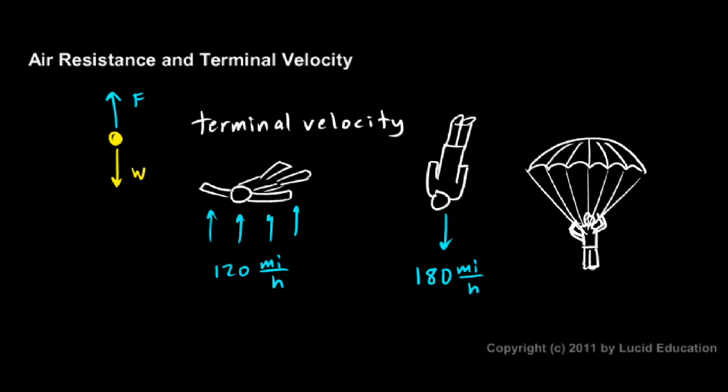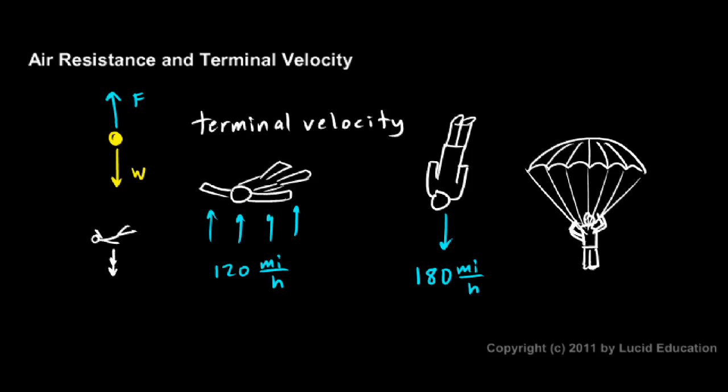So the way to think about it is to imagine the whole process. If you jump out of the airplane, and so here you are falling through the air. At first, right when you jump, your speed downward is zero, and so the air resistance is zero. Then you start to fall, you get up some speed, and that causes a little bit of air resistance. Because there's a little bit of air resistance, you're not accelerating quite as fast, but you're still accelerating.